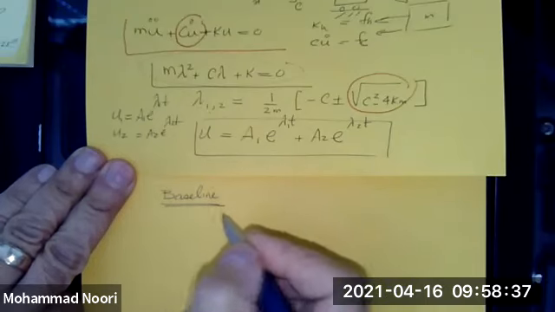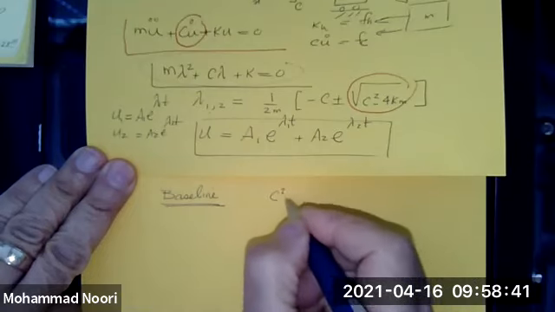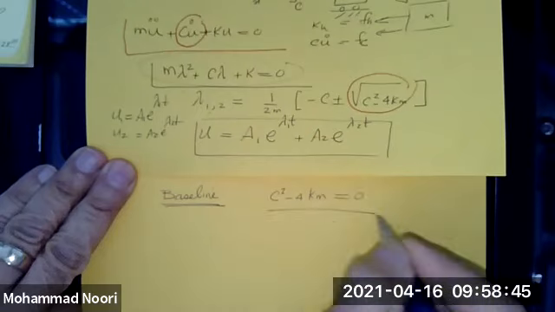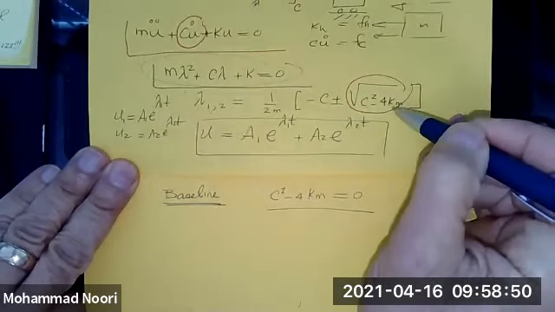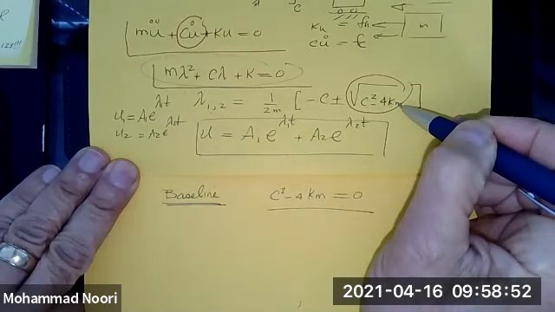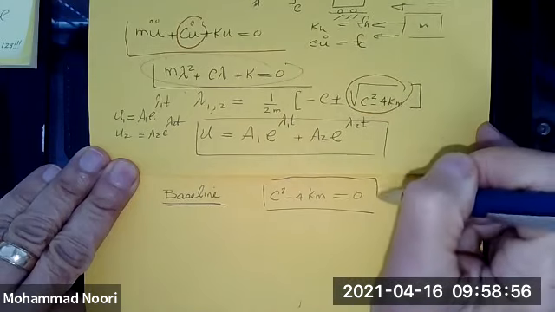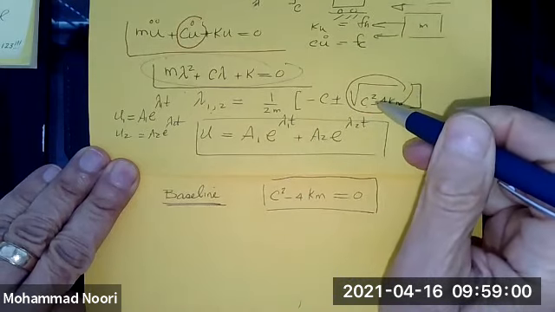What is that baseline? Let's establish the baseline that when c squared minus 4km is 0, which is one of the possibilities, depending on what the value of the damping, the stiffness, and mass is, we may have a case that this value under the radical is 0.